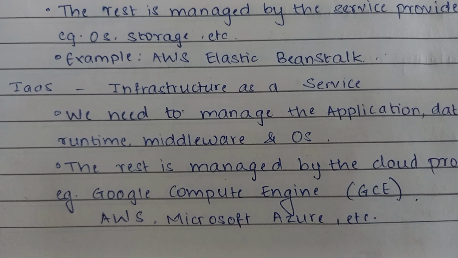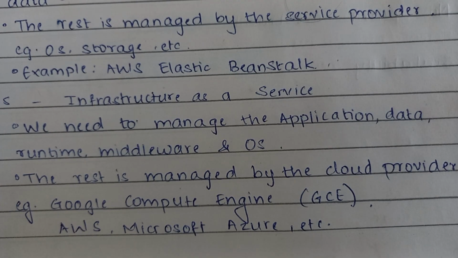Now the next one is infrastructure as a service. Under infrastructure as a service, there are some additional responsibilities that come up with the service user. For example, we saw under platform as a service that it is the user's responsibility to manage the application and the data. In the case of infrastructure as a service, in addition to the application and data, the service user also needs to manage the runtime, the middleware and the operating system.